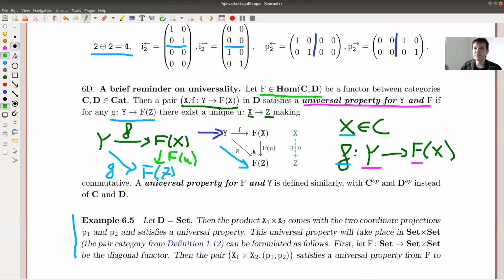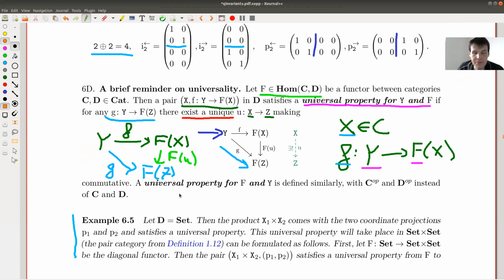Let's say it again. The universal property for y and f is the choice of an object and a morphism, such that for each blue choice here, so I choose something blue, my G, I can fill up the corresponding commutative diagram uniquely. So there exists a unique, whatever, making it commutative.